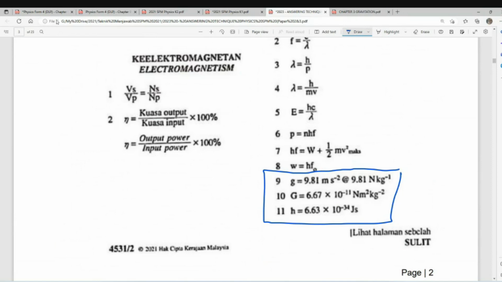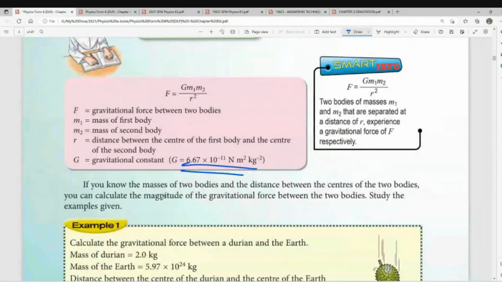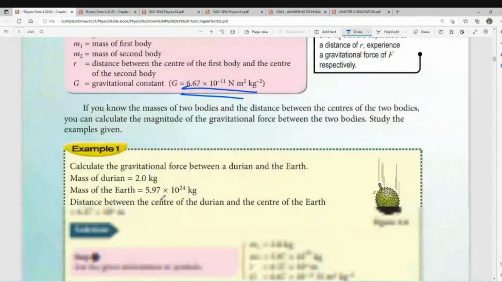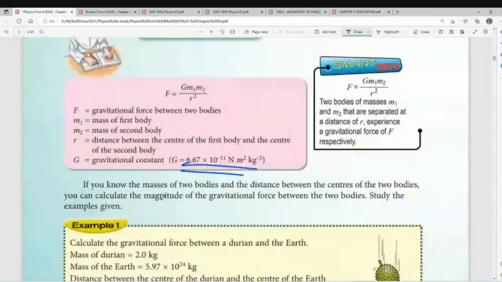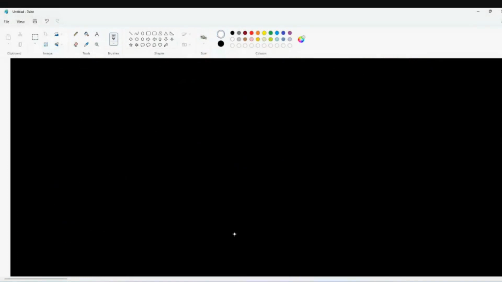Okay. So there's a constant value for the gravitational constant, capital G. And this gravitational force is a force that exists between two bodies. When you are given two bodies, there's a force between these two bodies towards each other.